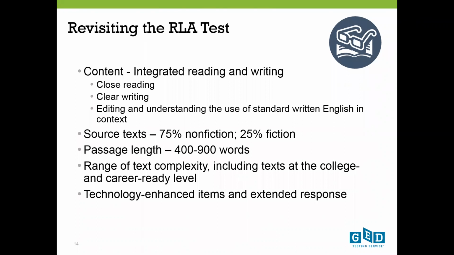And there's a mix of passages. Some of the shorter ones can be more complex in terms of the ideas under discussion, and the 900-word ones could be simpler in terms of both concept and structure. So there's not a direct correlation that the 900-word passages are by default going to be the most complex.